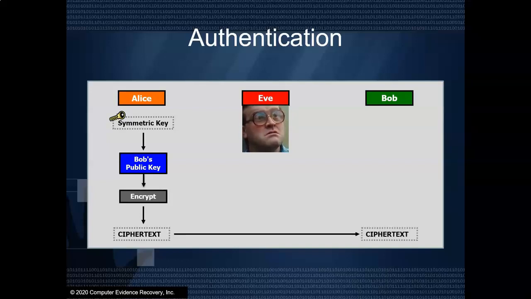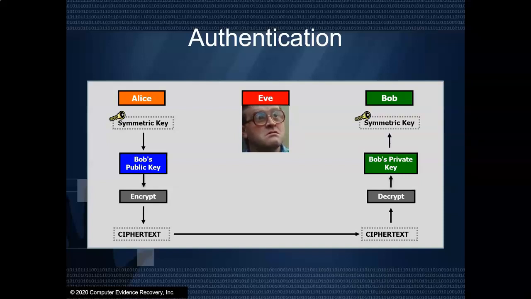Once she has this ciphertext, she sends it to Bob. Bob decrypts it using what? His private key. If his private key is able to decrypt this message, then he knows it could only have been encrypted with his public key. So he has the authentication, and he gets the symmetric key.